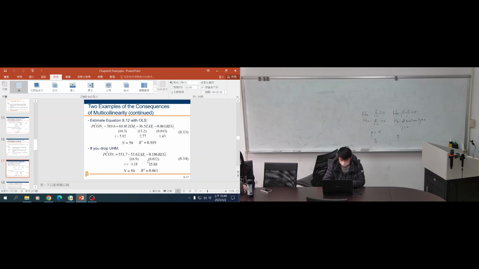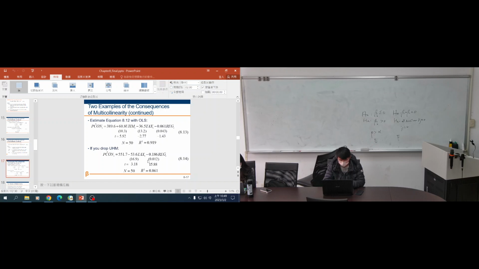The y variable PCON is the petroleum consumption in a certain state in the United States. There's some measurement units called trillions of BTU. I don't quite understand this one. I think all these engineering students know it, but I don't know that. But anyway, this is the measurement unit of the petroleum. This is the y variable, and we have variables.